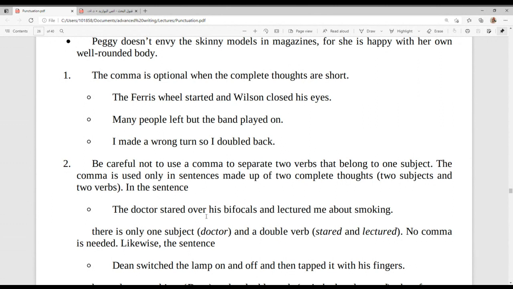The doctor stared over his bifocals and the doctor lectured me. So if I'd like to rewrite the sentence with two subjects, but the second subject is the same as the first one, this is why we apply a rule which is ellipsis in English. So there is no need for the comma here before the end.